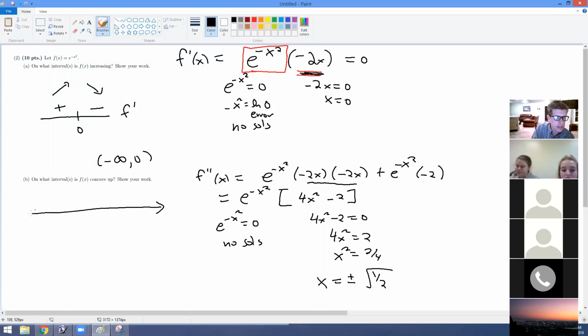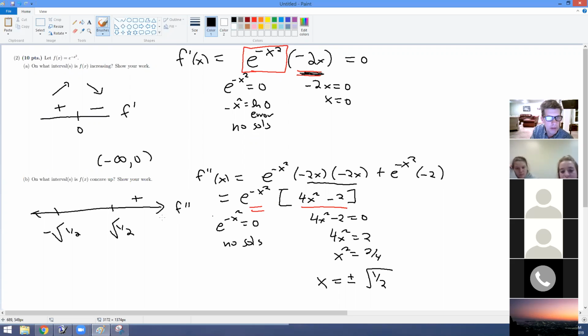We'll make a number line. Negative square root of half. I'm going to like this because I have nice numbers to plug in. Give me something bigger than square root of half. Give me like 1. Okay. What you really need to worry about is that second factor, because this first factor is always positive. If I plug in 1, 4 times 1 minus 2, that's positive.